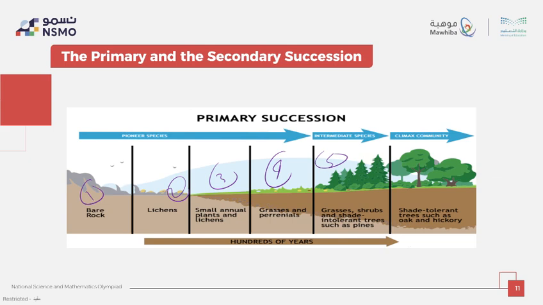Shrubs and trees that need sunlight begin to grow, like pine trees. And stage number 6, climax community, mature forest. A stable forest forms containing shade-tolerant trees such as oak and hickory. In short, primary succession is a slow journey from bare rocks to a mature forest.